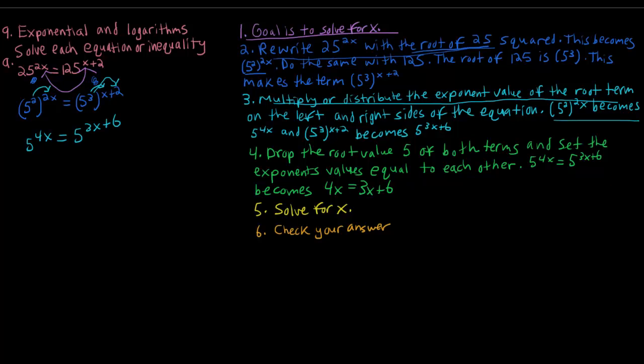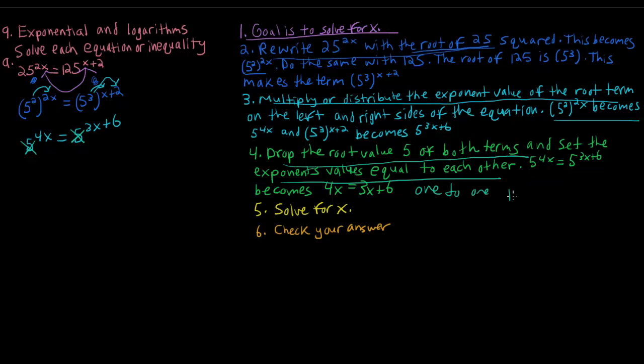And then for step 4, it says you can drop the root value 5 of both terms and set the exponent values equal to each other. So right here we can drop the 5s from both terms. That's also called the 1-to-1 property.